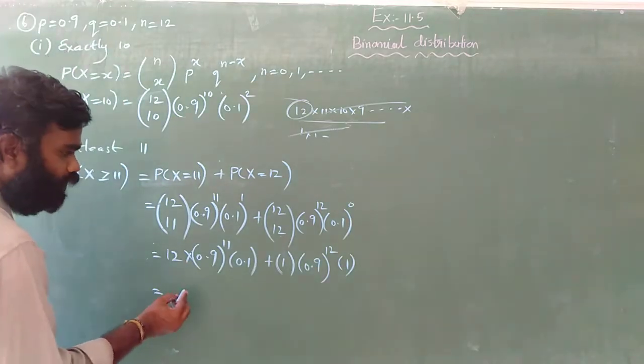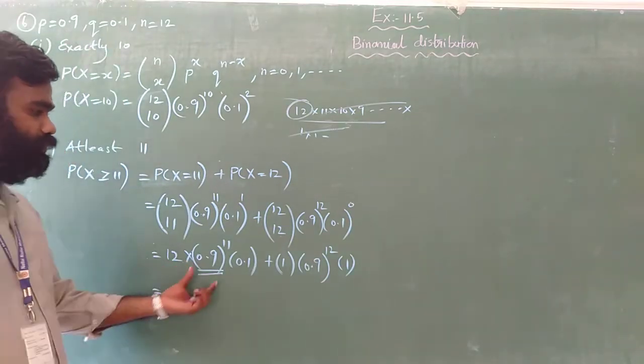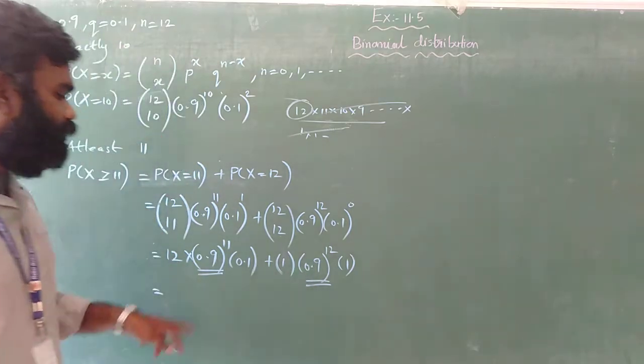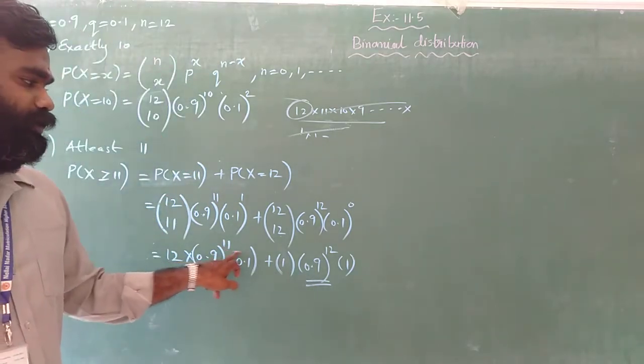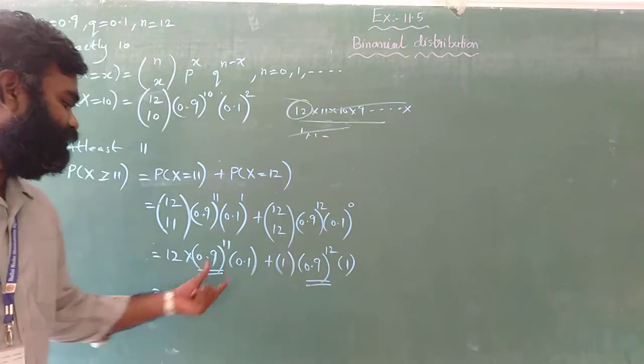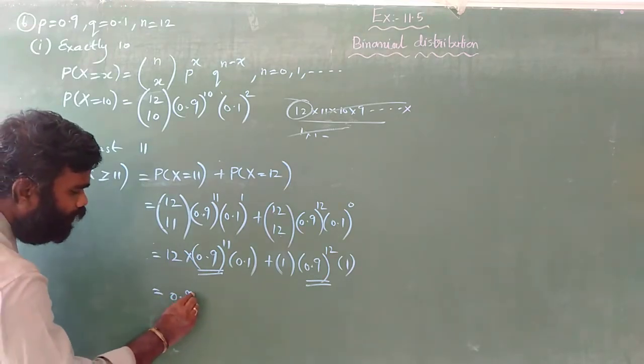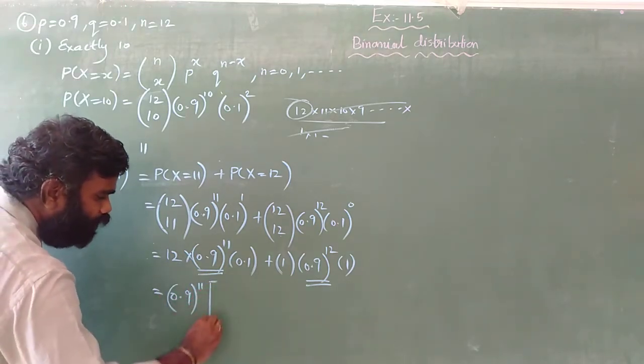So check what is common here. 0.9 is common, and we take the least power, which is 11. 0.9 whole power 11 is common.